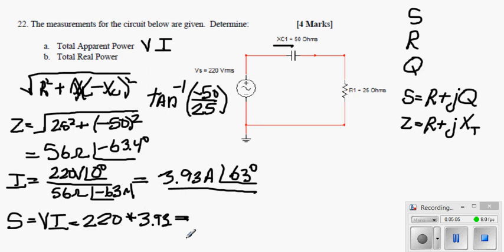After we take 220 and multiply it by 3.93, we get 864. But be careful. The unit for apparent power is volt-amps. It's not watts.